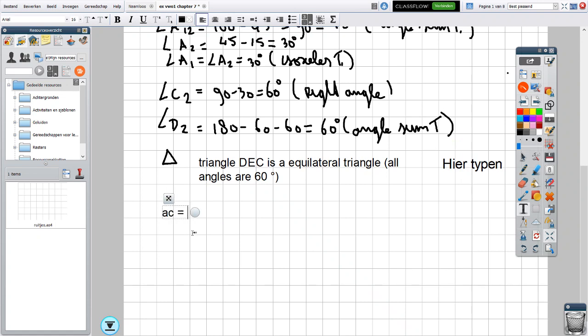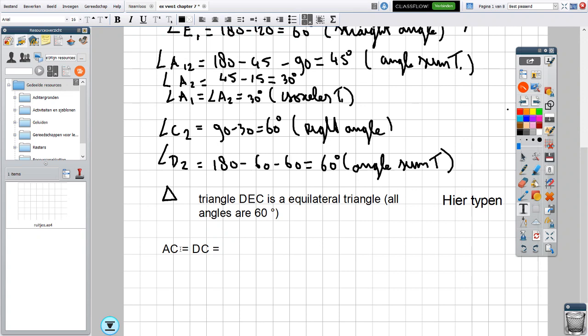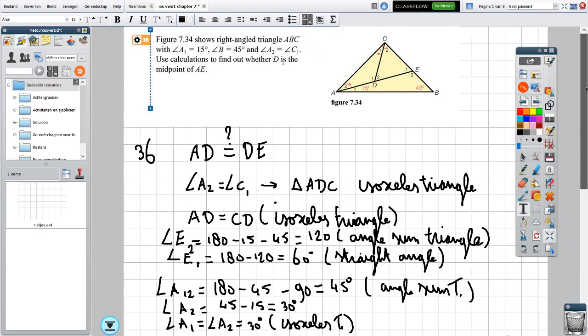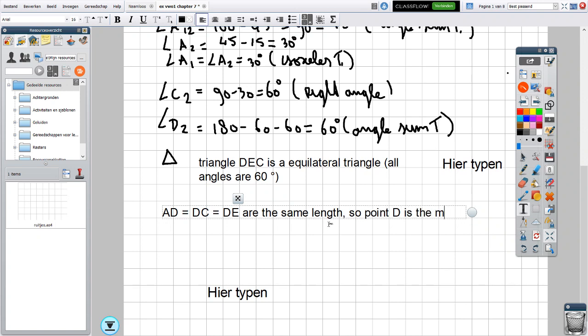So, let's use capital letters, AD, CD, and last but not least, DE are the same lengths. So you could say that point D is the midpoint.